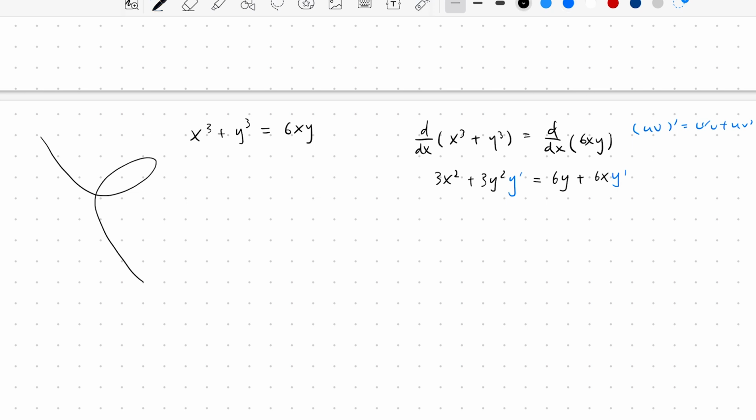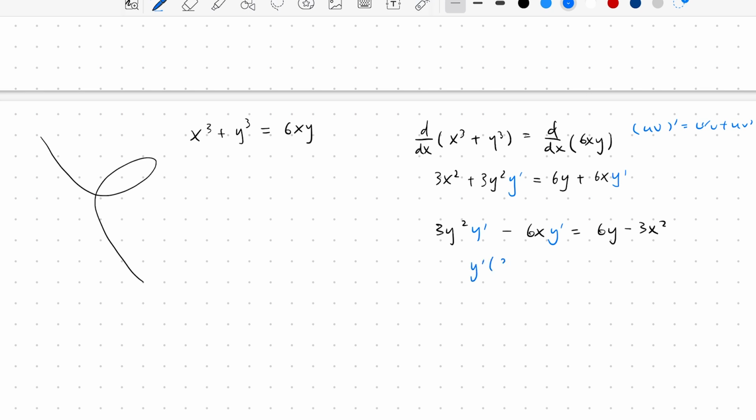So now what we have to do is move the like terms to one side. All the terms containing y prime, we can move to one side. So we get 3y squared y prime minus 6x y prime is equal to 6y minus 3x squared. And then we can factor out y prime.